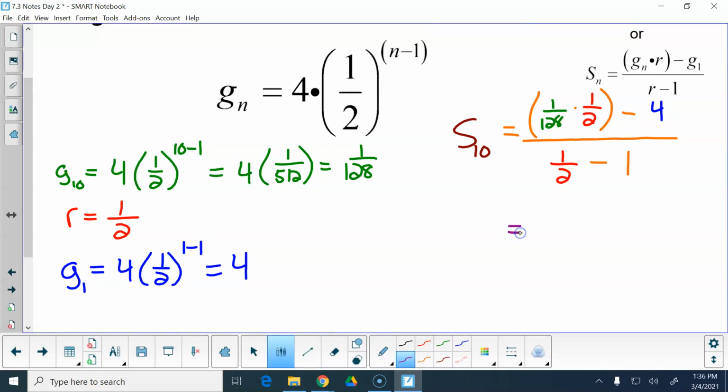So that's 1/256 minus 4 all over negative 1/2.